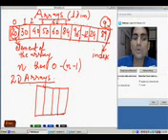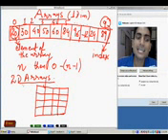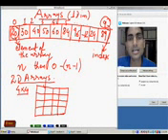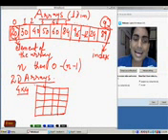For example, I am drawing it: 1, 2, 3 and 4. So I have a table having 4 columns, then I have 4 rows, 1, 2, 3 and 4. So I can say that it is a 4 by 4 two-dimensional array or 4 by 4 matrix. A two-dimensional array is also known as a matrix, as you have done in your class 11.